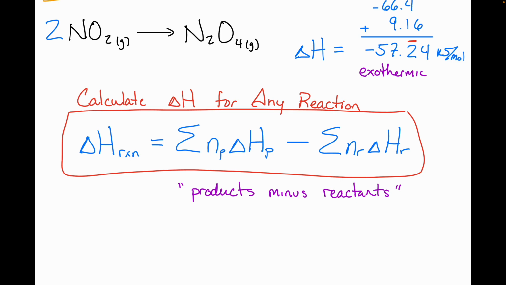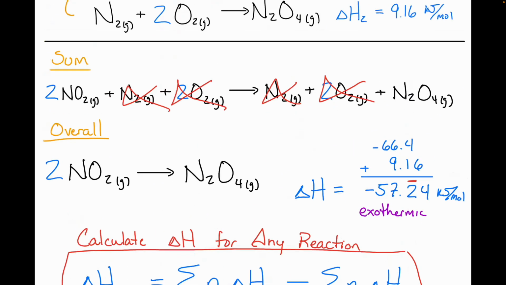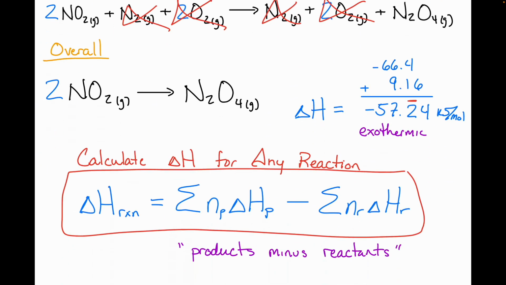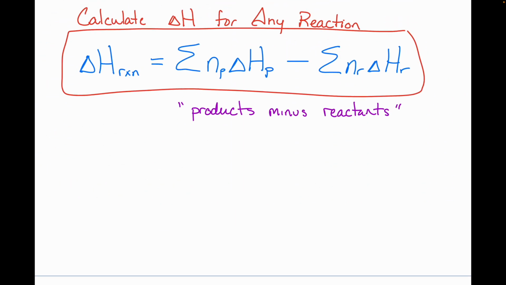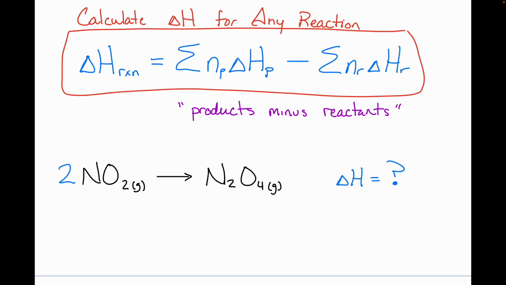Okay? All right, so then let's do the same thing, but we're going to take the easy route here. All right, we'll take our same chemical equation. We have the same goal of calculating our delta H value. But now instead of breaking it up and flipping stuff around and all that jazz, what we're going to do is we're going to look up our enthalpy of formations for each of these compounds. All right, for the NO2, that was that 33.2.